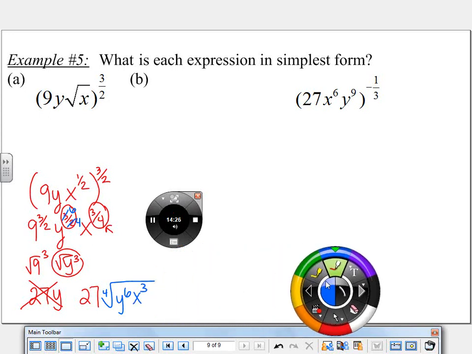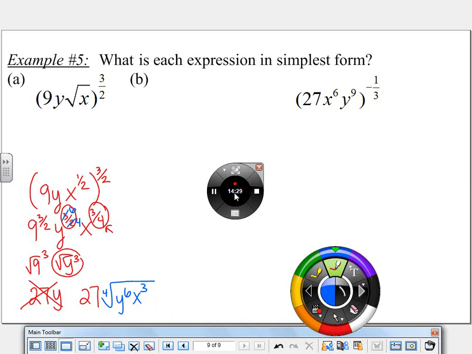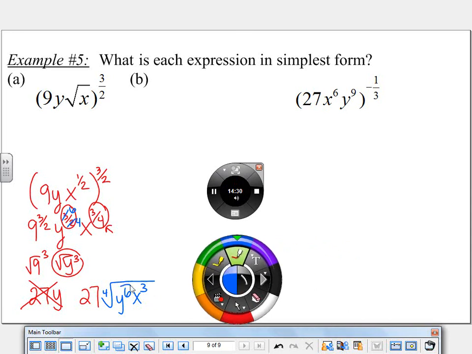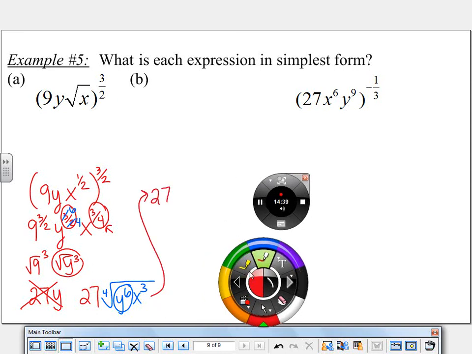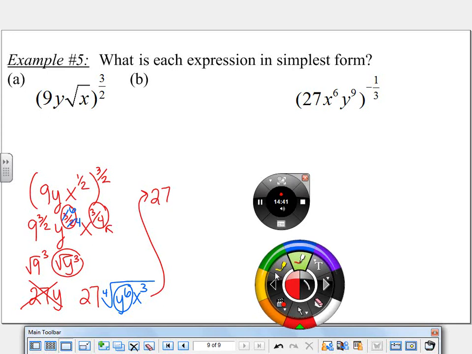And now I'm still going to simplify that a little bit because this y to the 6th power right here, we can take some 4th root of that. So my final answer is going to be 27. And because the y's can simplify, I'm going to be able to take out one group of 4 y's. And it's going to leave y squared and x cubed.